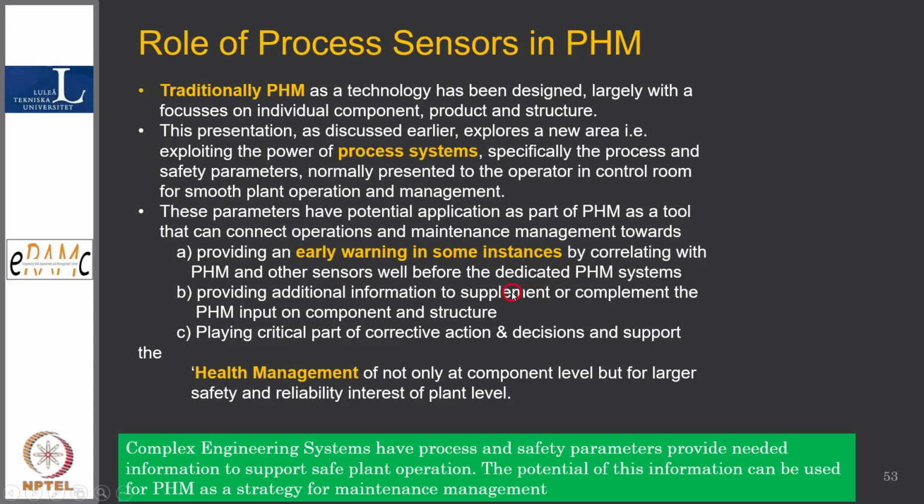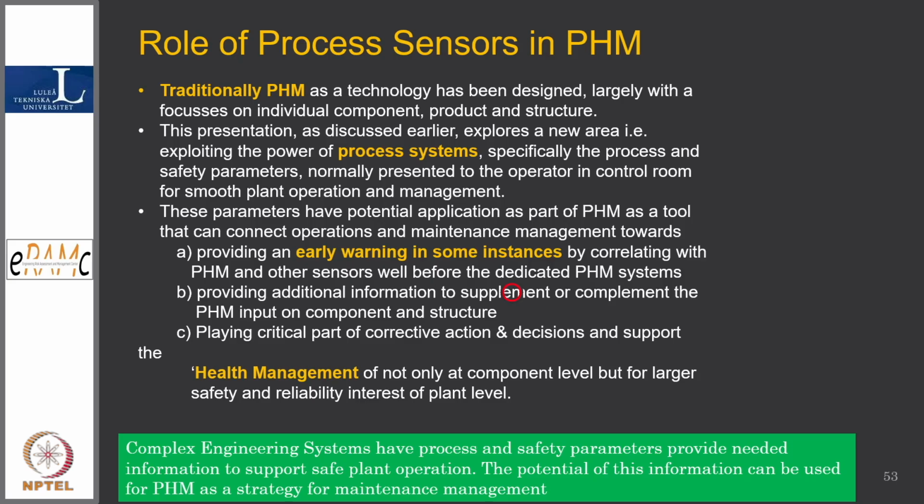The main objective of PHM is that we don't want our component to fail or to trip or shut down. So we got an early signal, and I can have management in place. Either I safely shut down the system, or I have some additional capacity to run the plant. Isn't it a beautiful way of tapping the available signals?